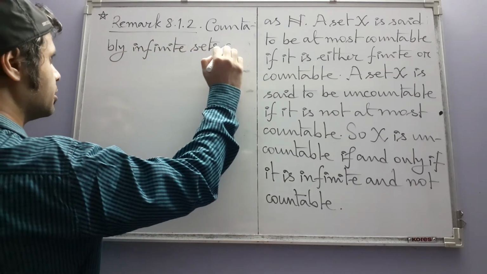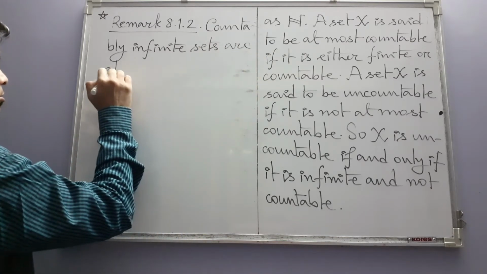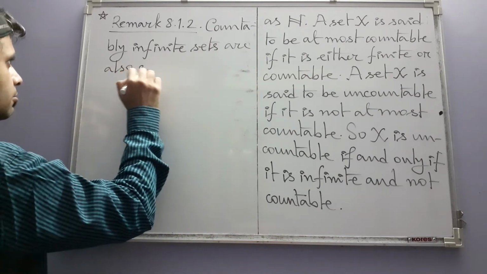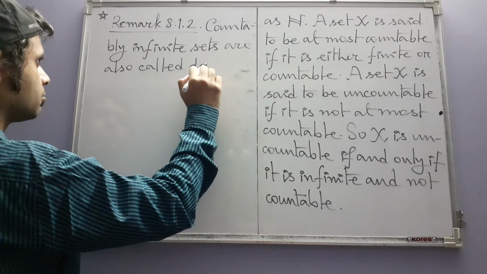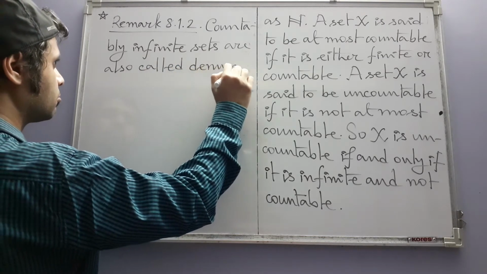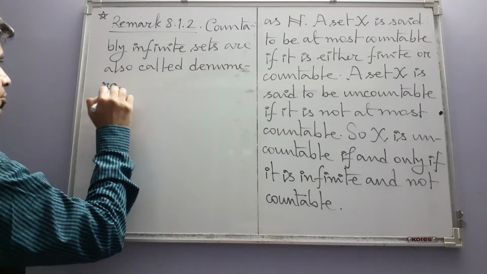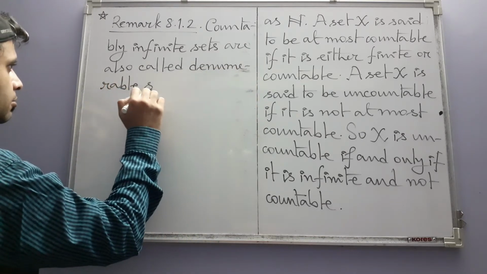Countably infinite sets are also called denumerable sets.